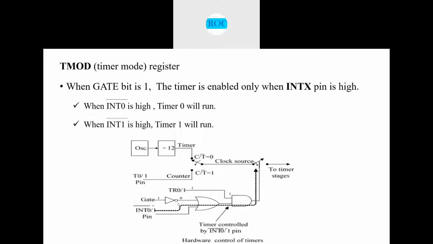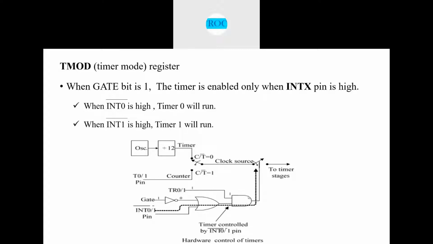You can see from this circuitry at the bottom, when the gate is 1, the output of the inverter will be 0. When the external interrupt 0 or external interrupt 1 pin is set, the output of the OR gate will be 1.